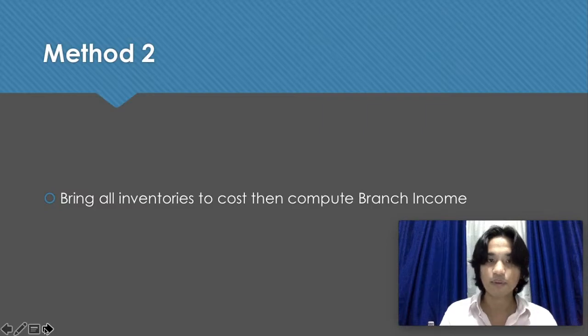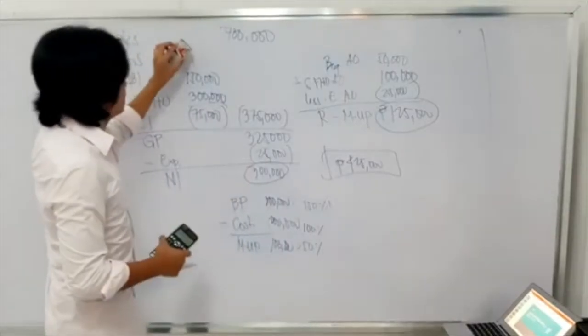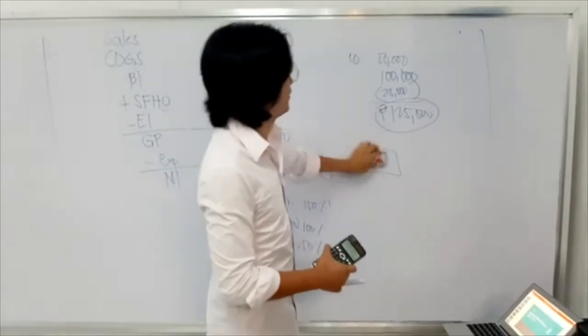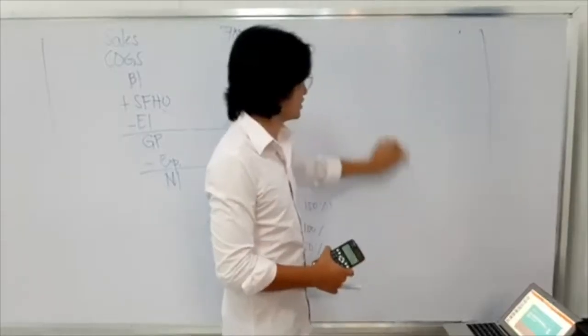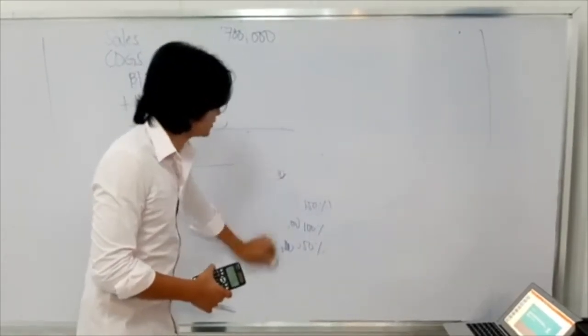For method number 2, bring all inventories to cost and then compute branch income. Under method number 2, we only have to present all inventories or shipments coming from home office at its cost.